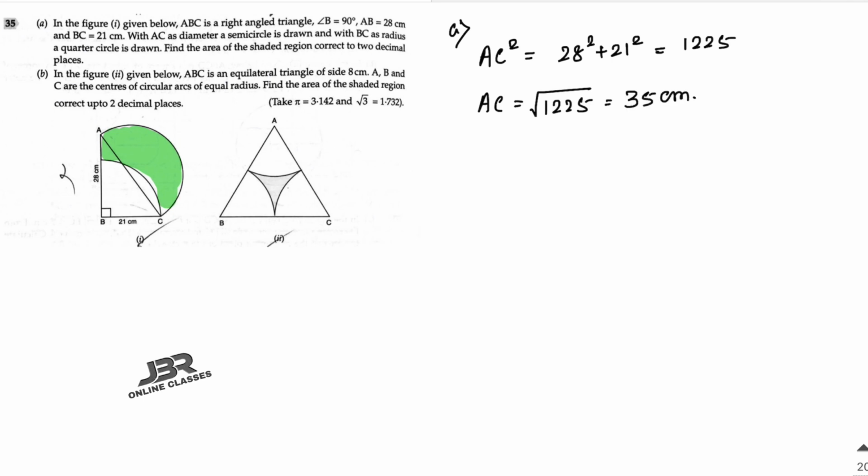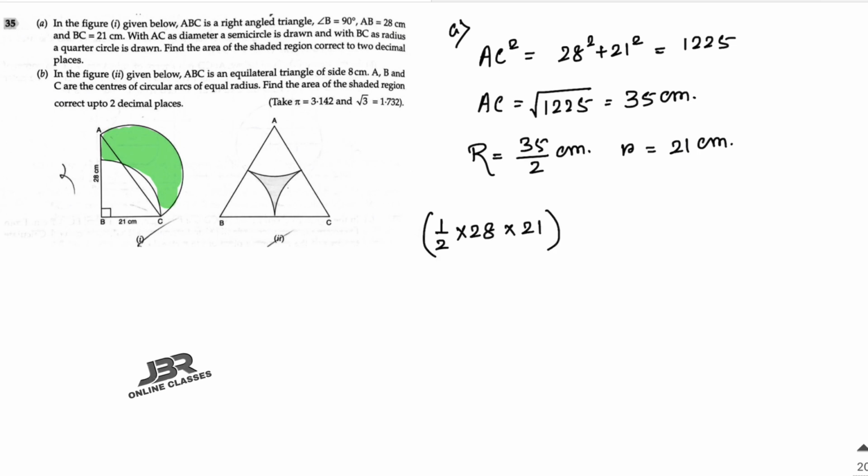Okay, so 35 centimeter is the diameter of the bigger circle. So that means the radius, capital R, is 35 by 2. And the radius of the quadrant, that is small r, that one equal to 21 centimeter. Okay, I hope it's clear. So now find out the area of the triangle, that is half into 28 into 21.